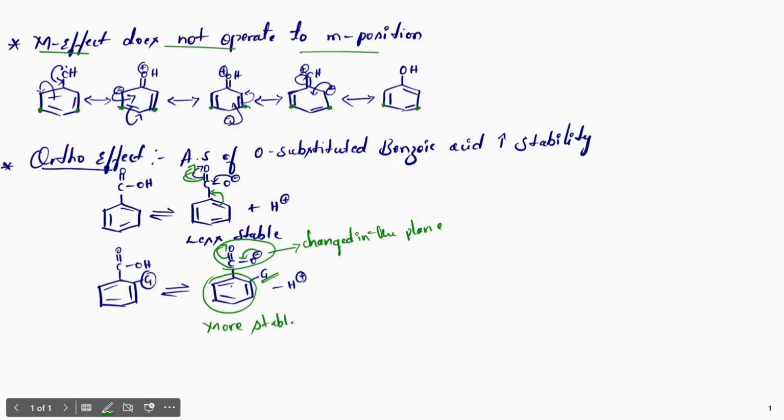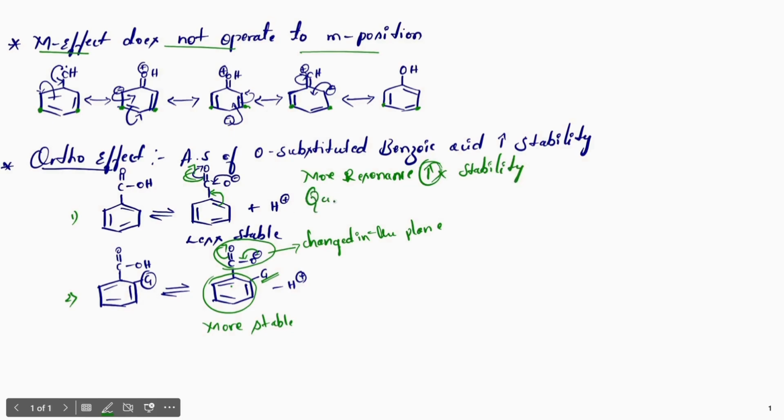You can say that in the first case, more resonance is there, therefore it should be more stable, right? Here more resonance is possible, therefore you can say it is more stable. Due to the more resonance, it is more stable. But more resonance will not increase the stability.